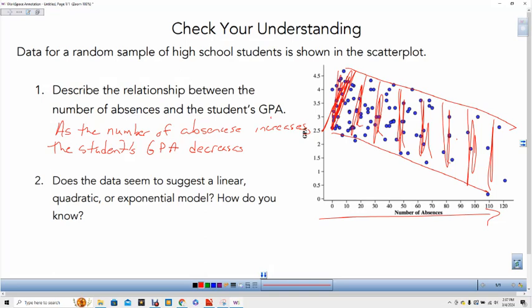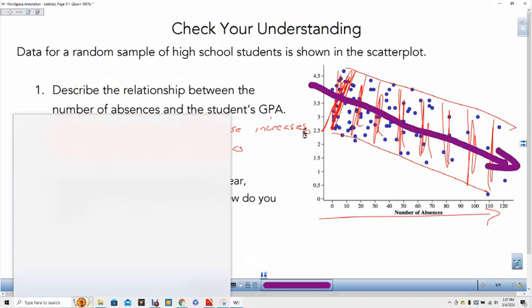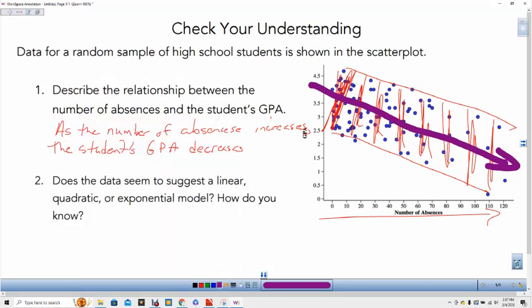So does this data seem to suggest a linear, a quadratic, or an exponential model? Well, if I were to go in here and try to fit a model to this, I'm thinking I would get right in here in the middle, and I would probably do, if I could draw a straight line, it would be awesome, but I can't. But that's what I would do, would be a linear.